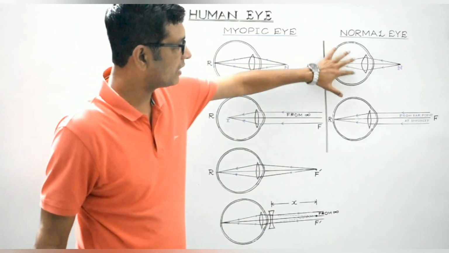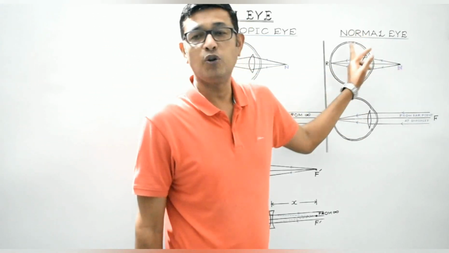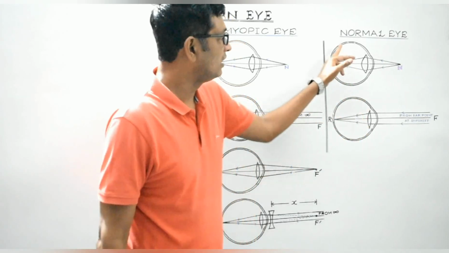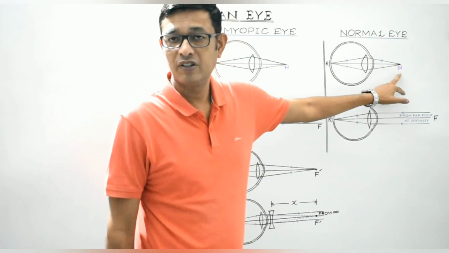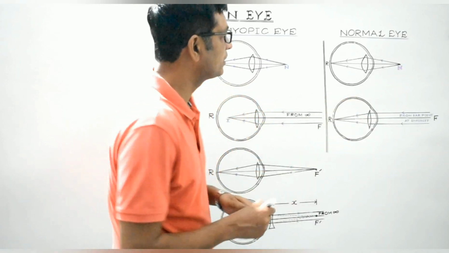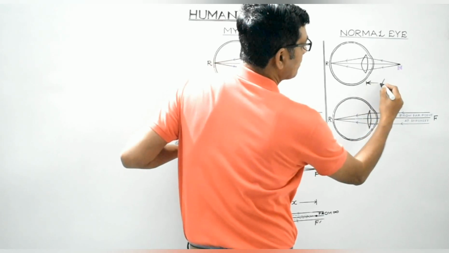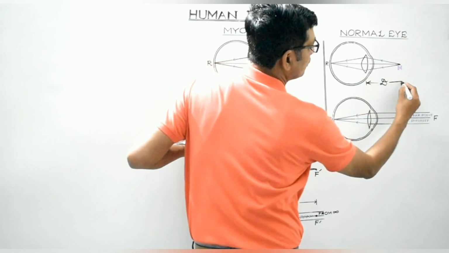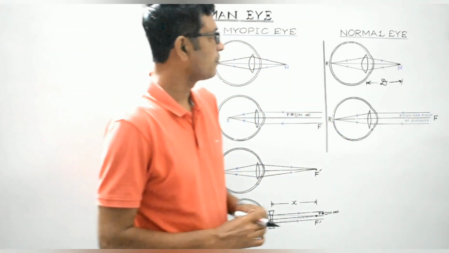So that has been depicted by this particular diagram. Look, students, this is the diagram for a normal eye. Now, in the case of a normal eye, N is the near point, which for an adult is 25 centimeter. It is represented by a capital letter D. It is the least distance of distinct vision, which is considered to be 25 centimeter, right?